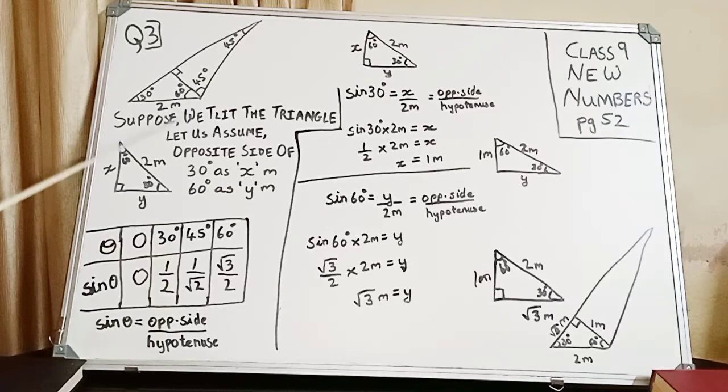And the side opposite to 60 degree, let it be y. So in this diagram we have marked opposite to 60 degree y, and opposite to 30 degree x. Meters, because everything is in meters. We have got in the question itself, this is 2 meter. So that is why we will be taking this as x meter and this is y meter.